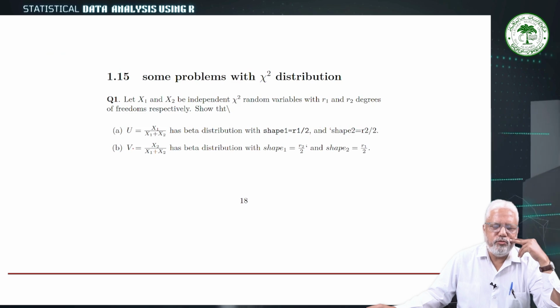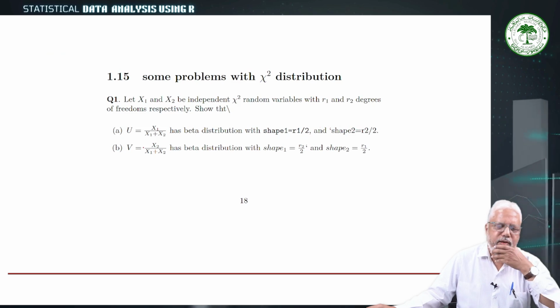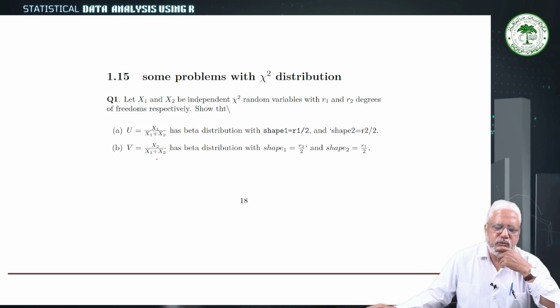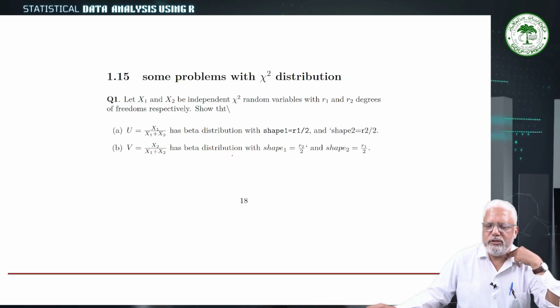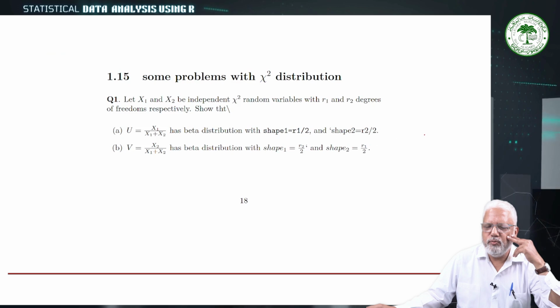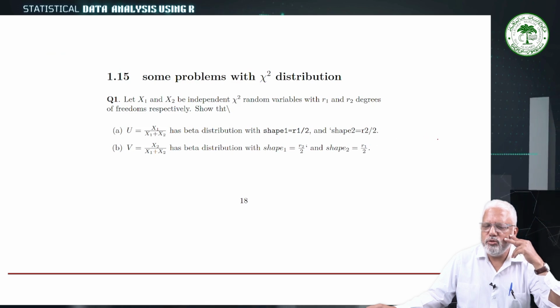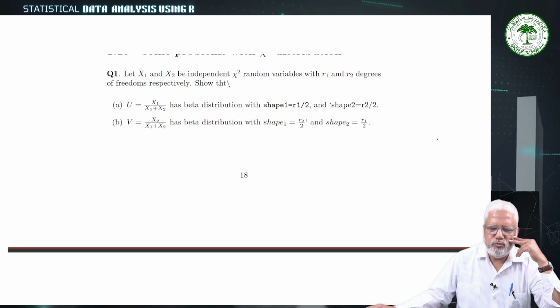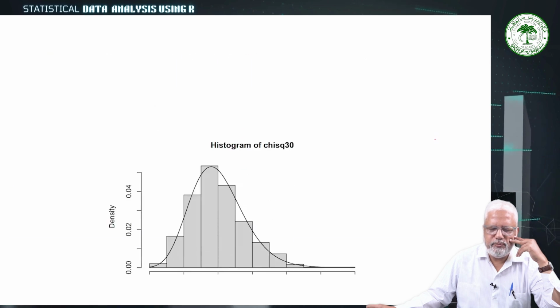Whereas V is equal to X2 divided by X1 plus X2 has a beta distribution with shape 1 equal to R2 by 2 and shape 2 equal to R1 by 2. So this result has been verified here.